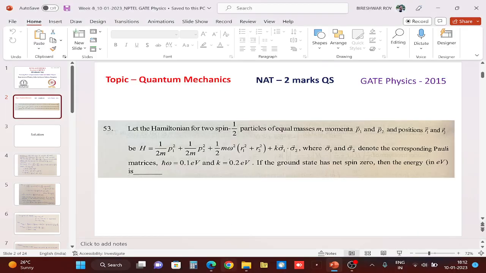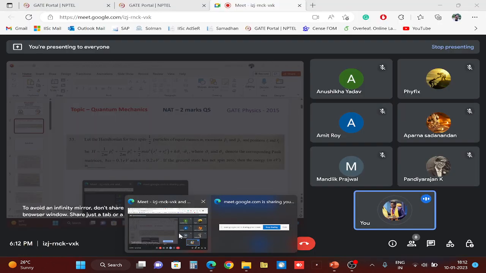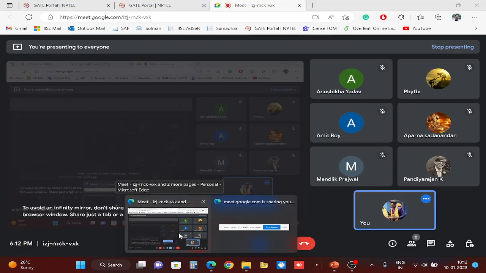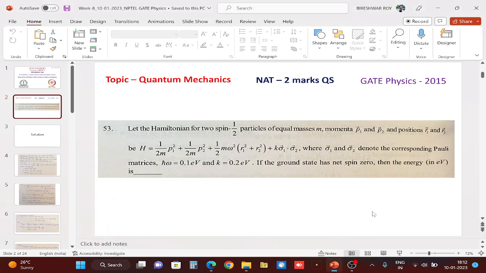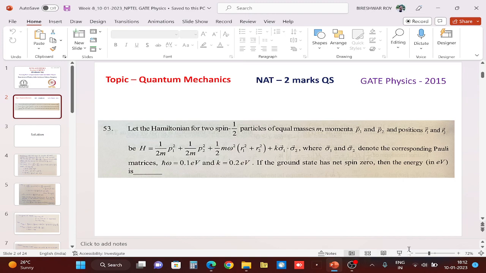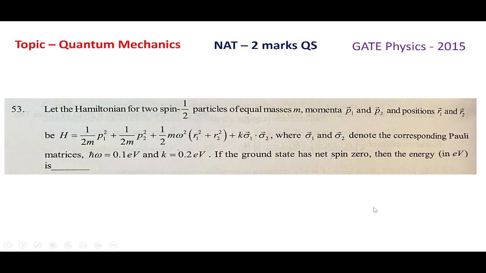Just let me check who joined this class. Can you say how to approach this problem? Any idea? Or do you want to think?